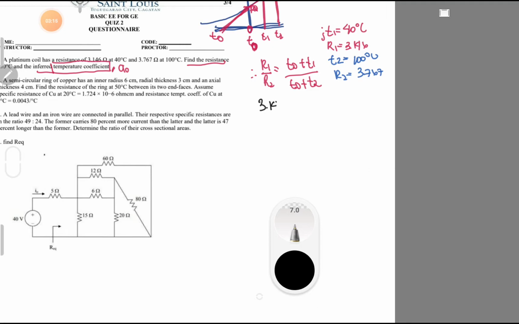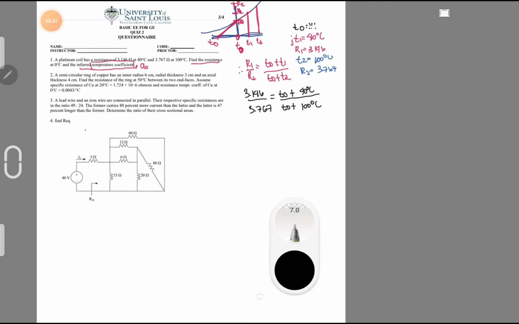We have 3.146 divided by 3.767 equals TO plus our T1, which is 40 degrees Celsius, all over TO plus our T2, which is 100 degrees Celsius.